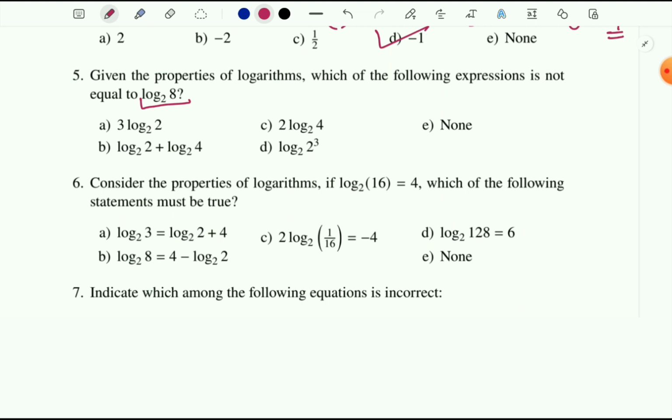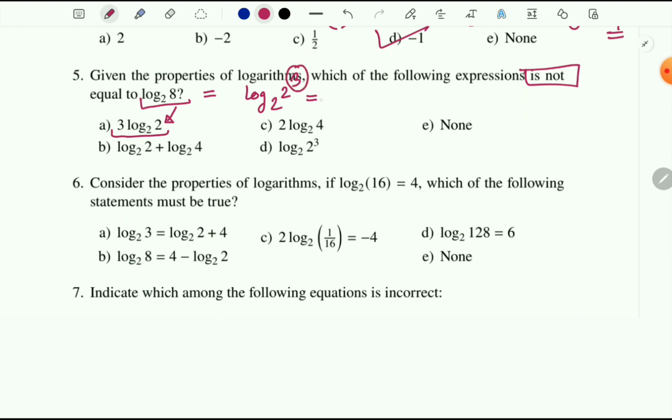Which of the following expressions is not, remember, is not equal to log 2 of 8? So can we write this equal to option A? Let's see. Log 2 of 8 we can write as 2 to the power of cube. So this 3, based on the third rule of logarithm, we can write as 3 log 2 base 2. So yes, we can write it.